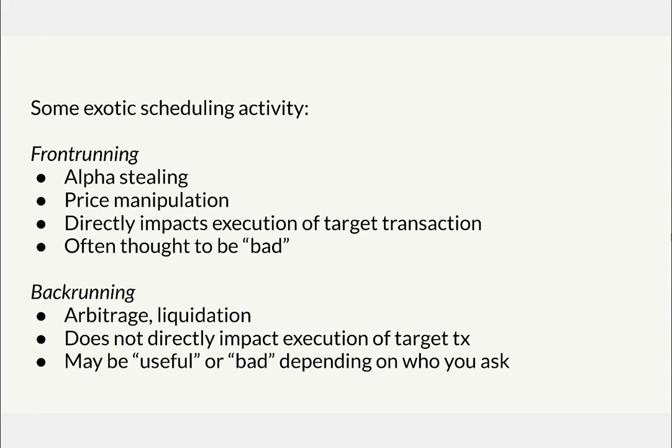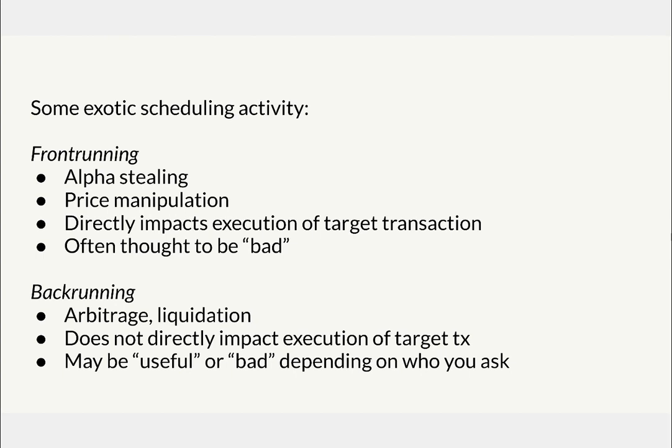Now, these types of manipulations have qualitatively different desirabilities for different participants. So a front run is used to manipulate state ahead of execution of a transaction, and so it directly impacts the execution quality of that user's transaction, often negatively impacting the user. So for that reason, front running is often considered to be bad.